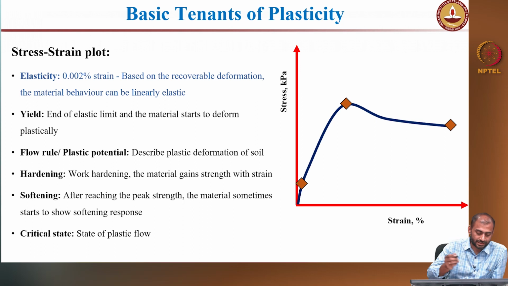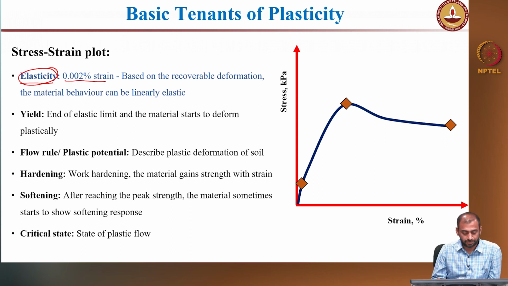Right. So we already discussed elasticity. This is your first tenet, which is elasticity, and usually for soils the elasticity is very small. The elastic nature won't be there when the strain is more than 0.002 percent, right.